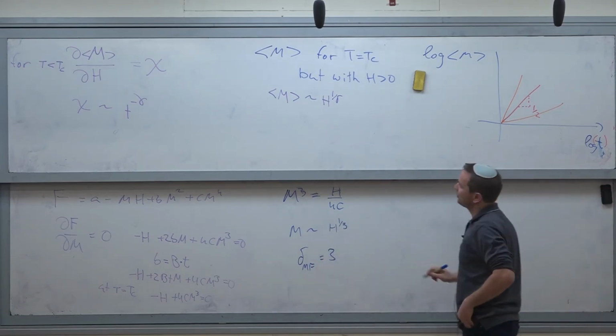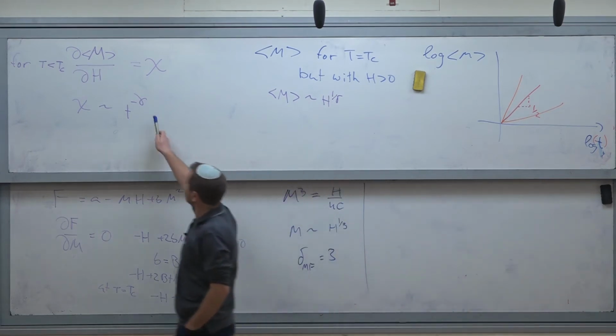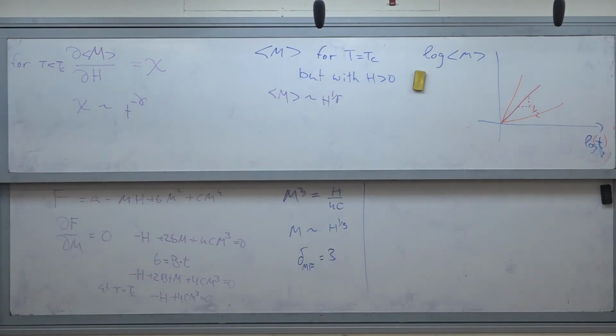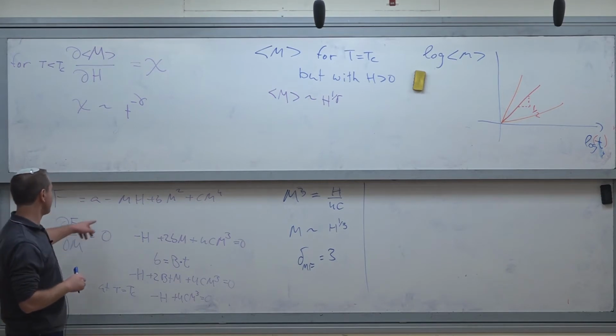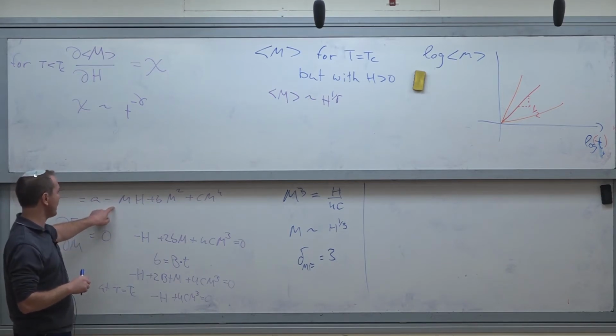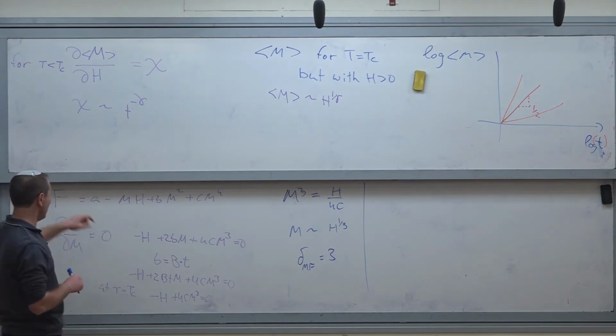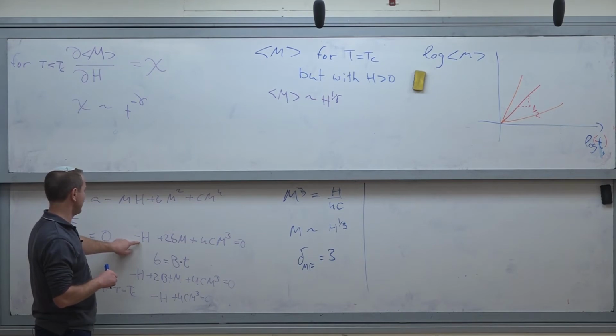Let's go to the third example, this gamma over here. How is this one computed? From this, we can go again to this equation that we have here.